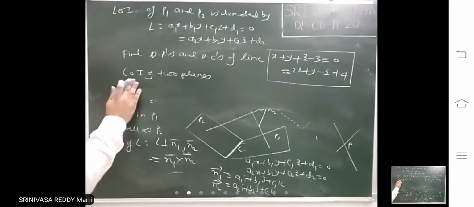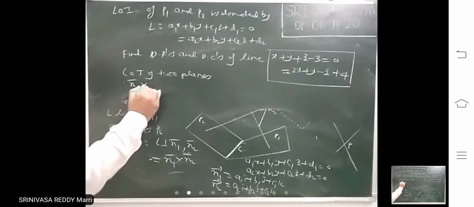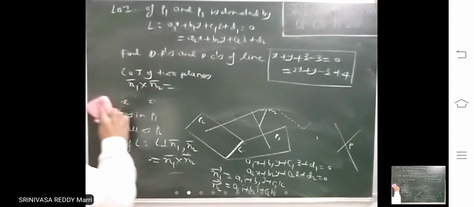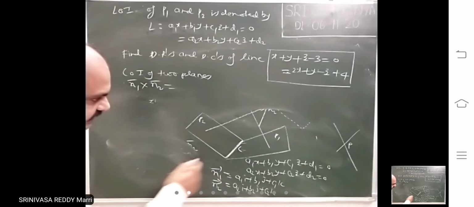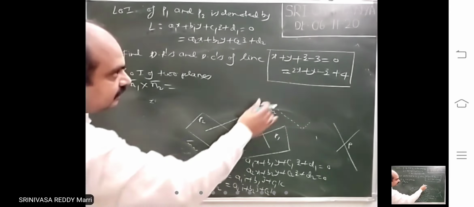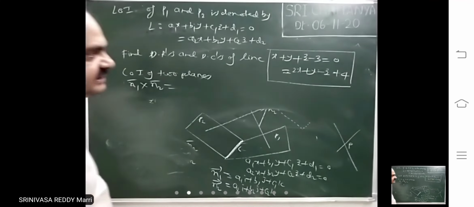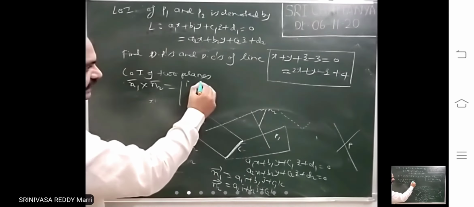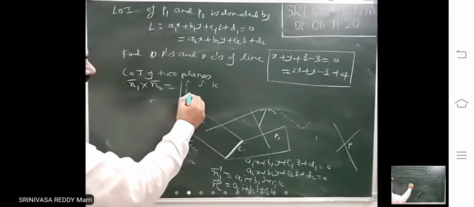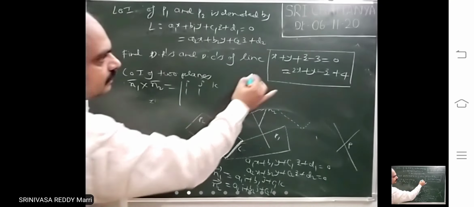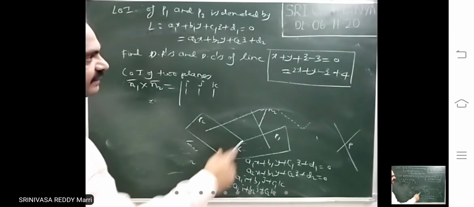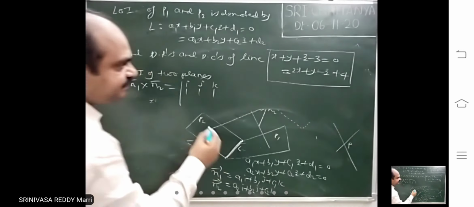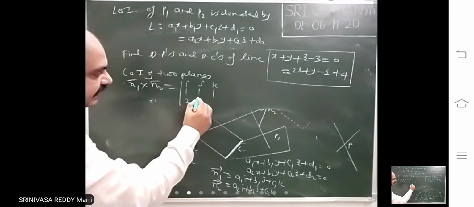First we will find the normal vectors, N1 bar cross N2 bar. This line is represented by this equal to 0, this equal to 0. N1 bar cross N2 bar is the determinant of i, j, k, 1, 1, 1, and 2, 1, minus 1. The normal vector to the first plane is i plus j plus k, and to the second plane is 2i plus j minus k.